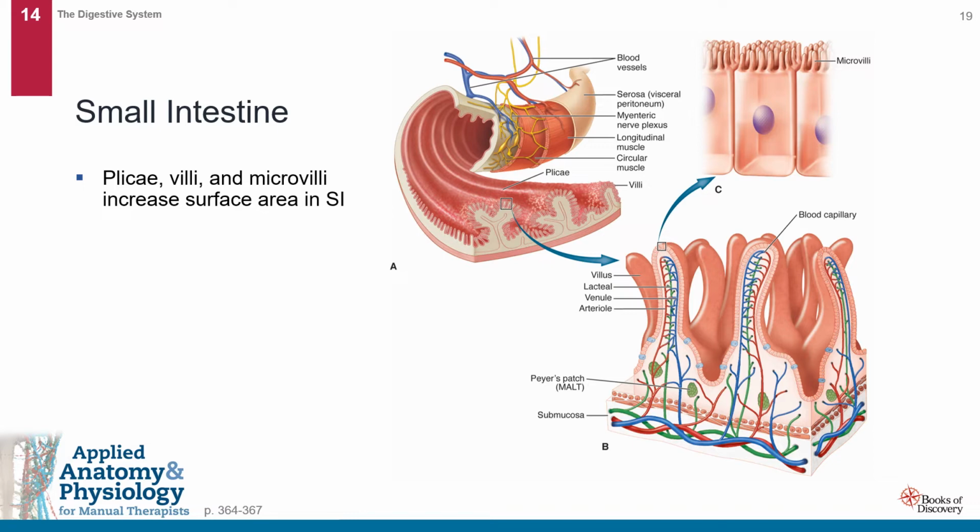In illustration A, we see the small intestine covered with thousands of tiny projections called villi. In illustration B, each villus has a lacteal surrounded by a capillary bed for nutrient absorption. And in illustration C, the villi are covered by epithelial cells with microvilli.